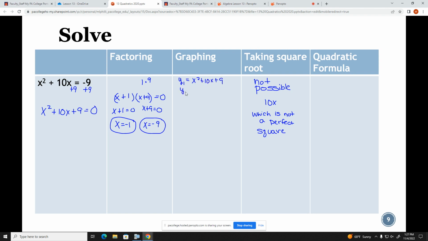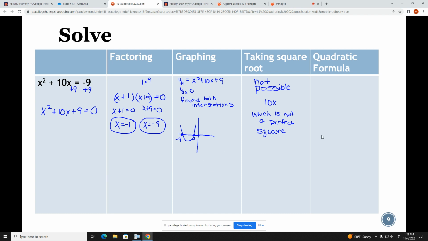I made my y2 0, and I found both intersections. My graph looked like this. My intersections were at -9 and -1.